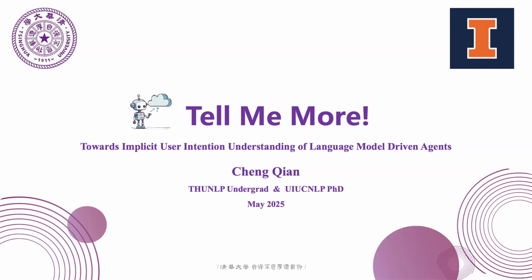A bit of background. I have been doing research on tool learning and agents for almost 2 years. This work is mainly about how to clarify the user intent during user-agent interaction. Previously, when using very complex agent systems, we always find that they sometimes won't exactly satisfy our needs.